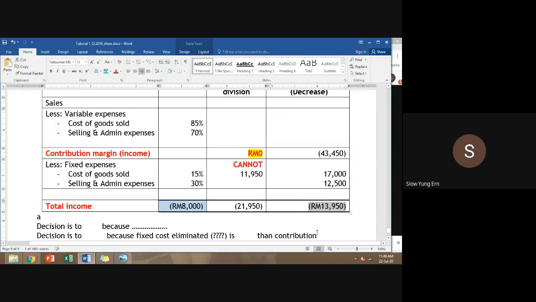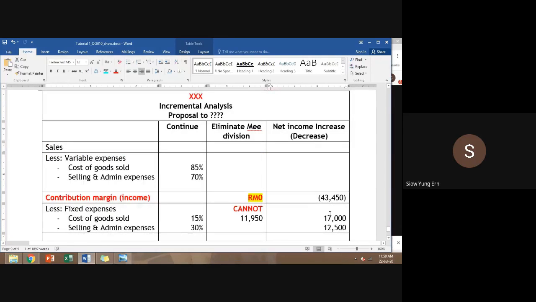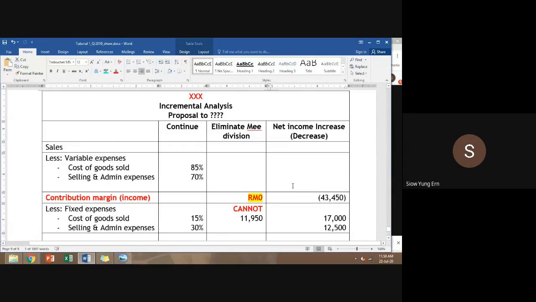So what is your decision? This is negative. If negative, we use the original one. What is your original decision? If negative, we will use the original one, correct, which is to continue.